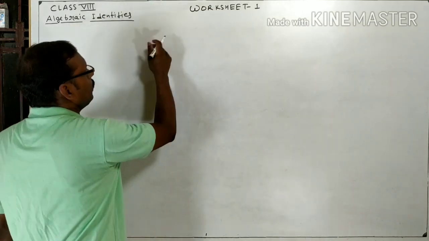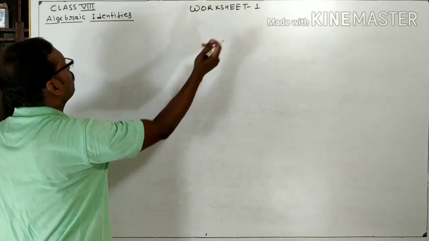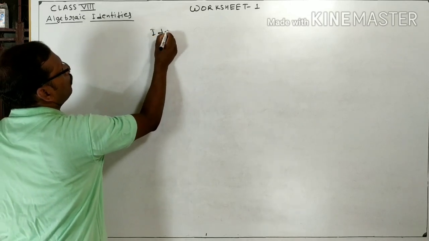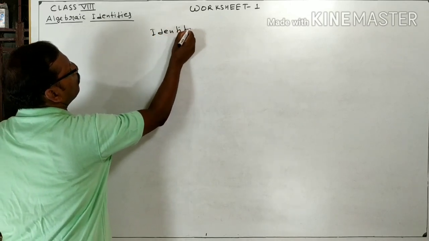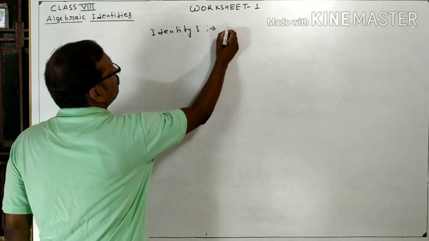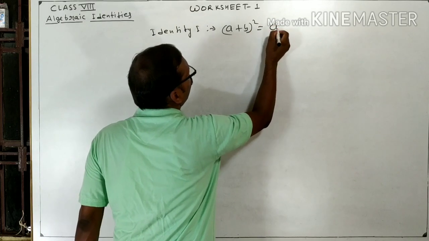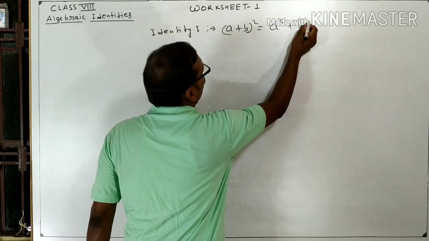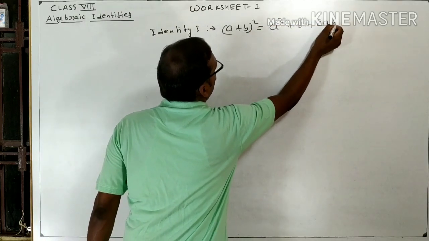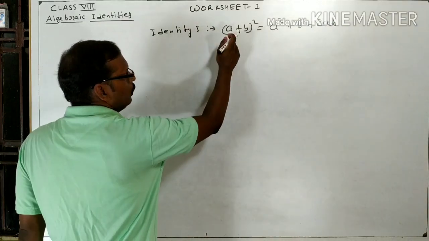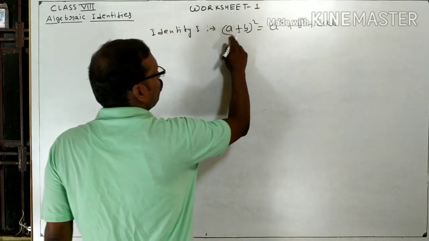So in algebraic identities there are some identities. Today we study identity 1, and it is (a plus b) whole square equal to a square plus b square plus 2ab. You can put x and y, any variable, in place of a and b.